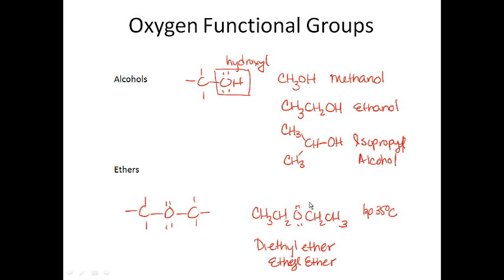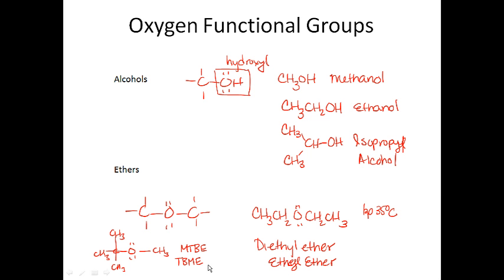There are lots of other ethers that people will see. Here's an ether where I take this carbon with the 3 CH3 groups attached to it and put it on one side and then put a CH3 group on the other. This is called tertiary butyl methyl ether, or TBME, or it's also jumbled to be MTBE.